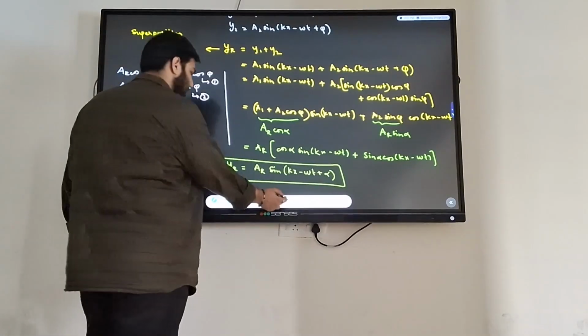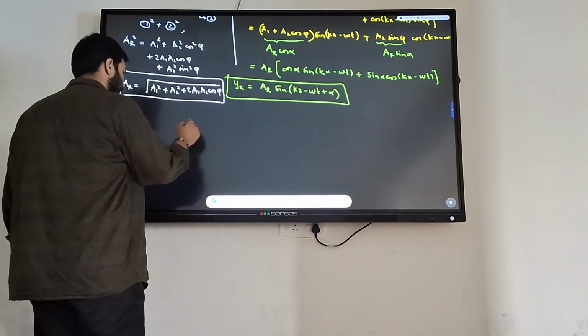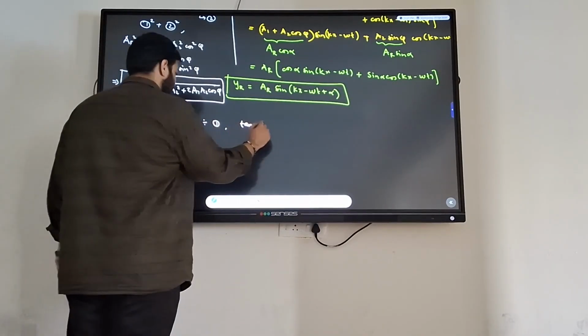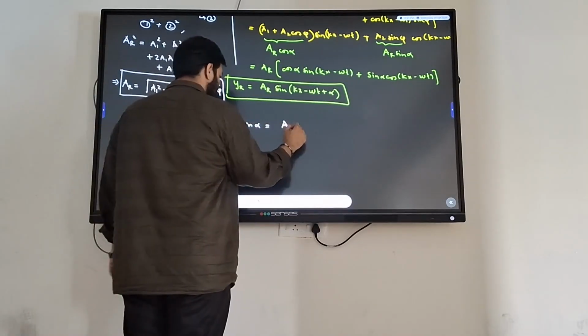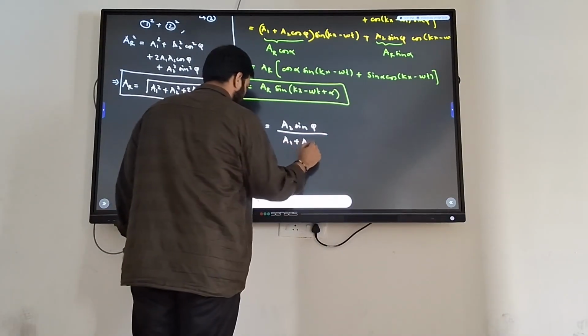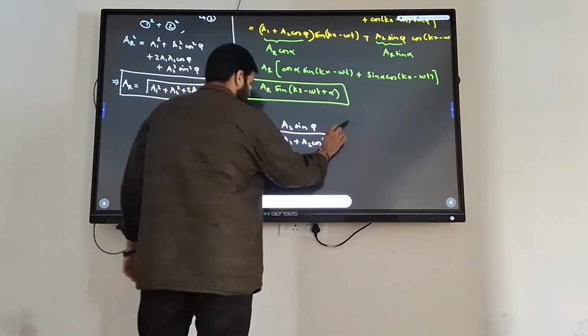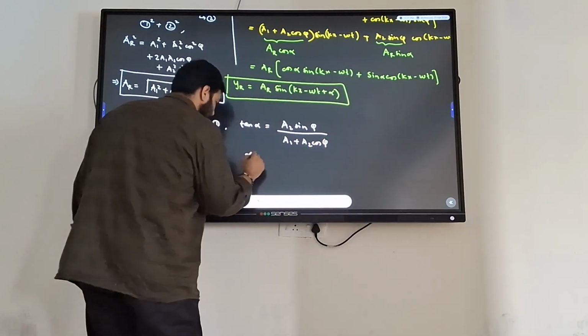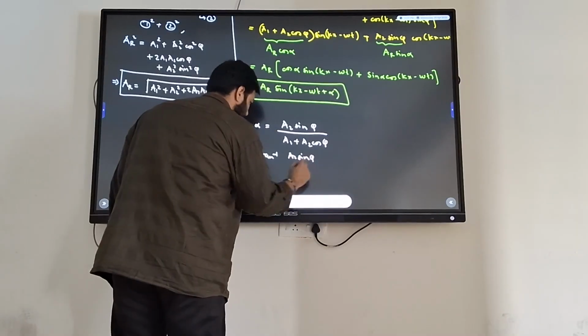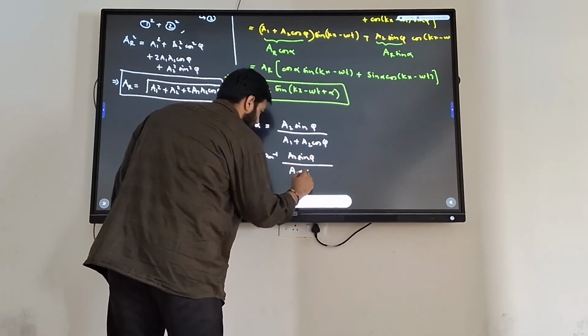Equation 2 divided by 1 gives tan α equal to A2 sin φ over A1 plus A2 cos φ. Then α should be tan inverse of A2 sin φ over A1 plus A2 cos φ.